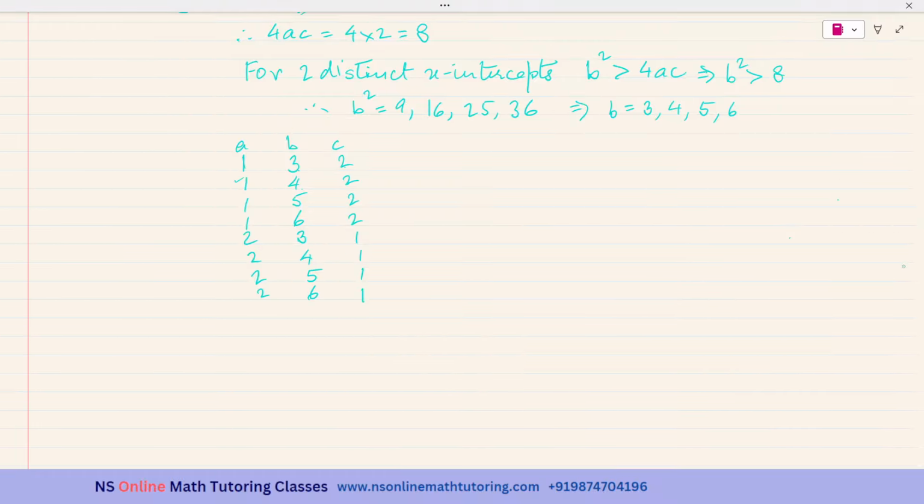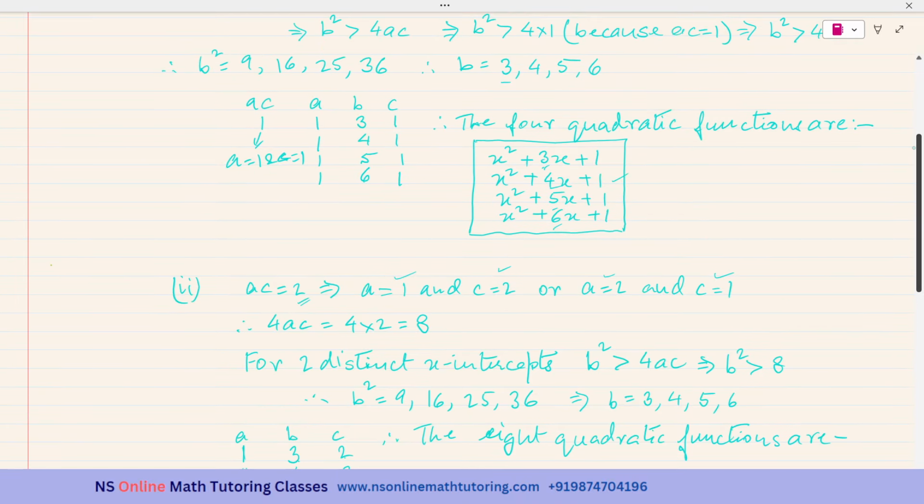We have got the values of A, B and C. So, therefore, the 8 quadratic functions are as follows, and it was f of x. So, let me write f of x for each of them.